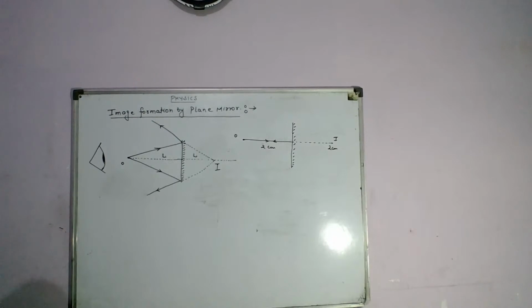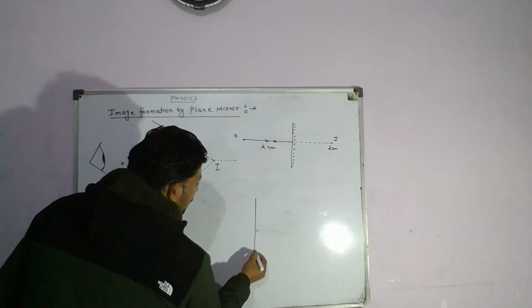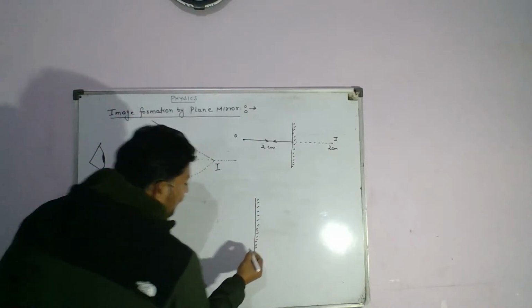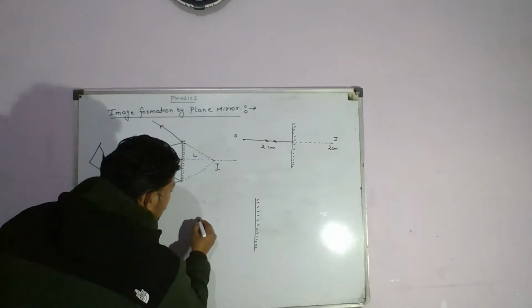After that we solve one numerical. Again, we take a plane mirror. This is a plane mirror, you polish it from the back side, and then you take the object.